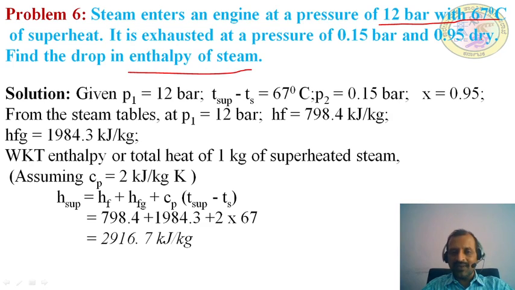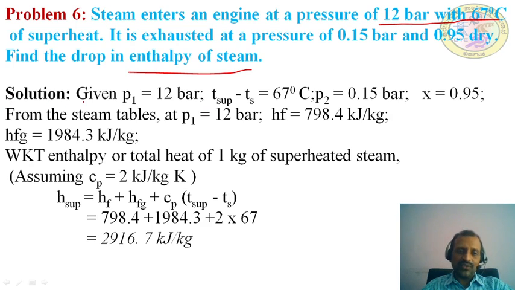So when it becomes wet, you are losing some amount of heat. So now he is asking you to find out how much heat you have lost in this conversion.